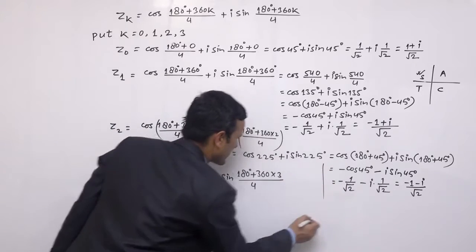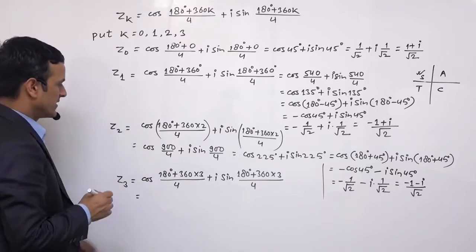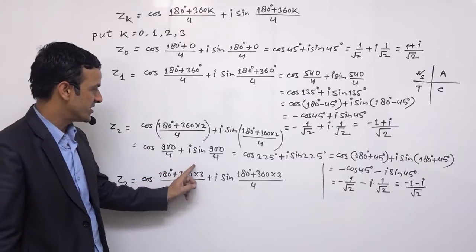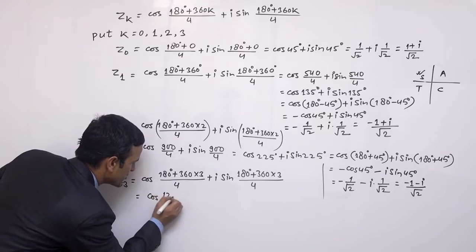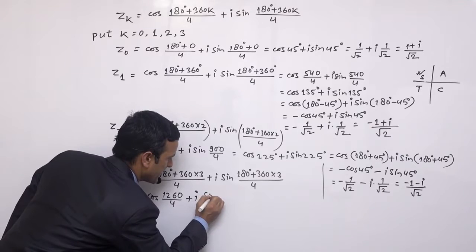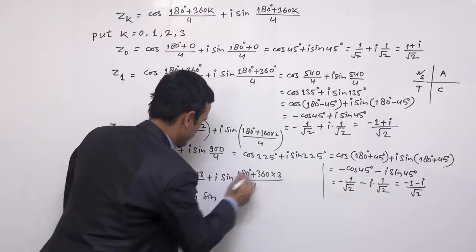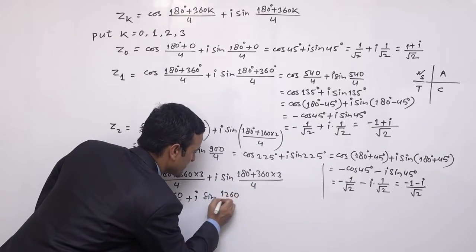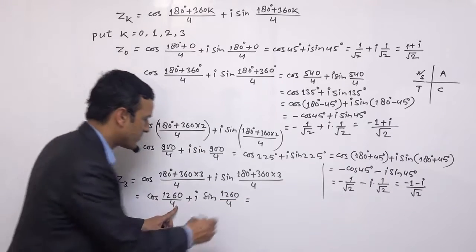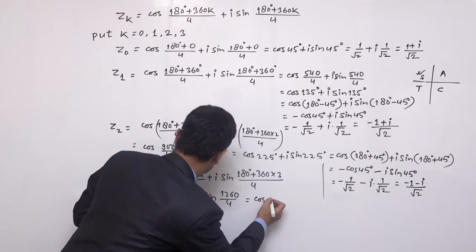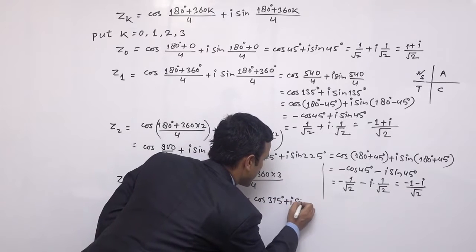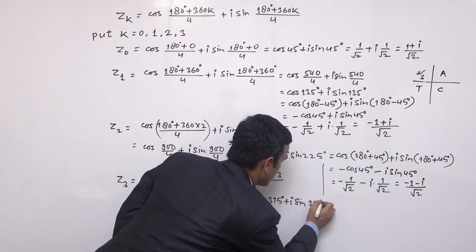Now, cos 180 plus 360 into 3 means it is 1260 divided by 4 plus i sine, and the same value 1260 divided by 4. If we divide this by 4, then we get cos 315 plus i sine 315 degree.